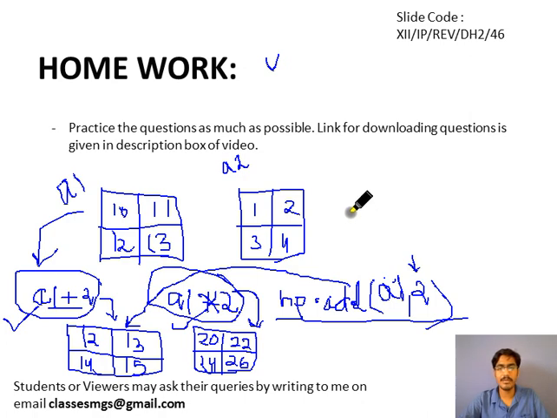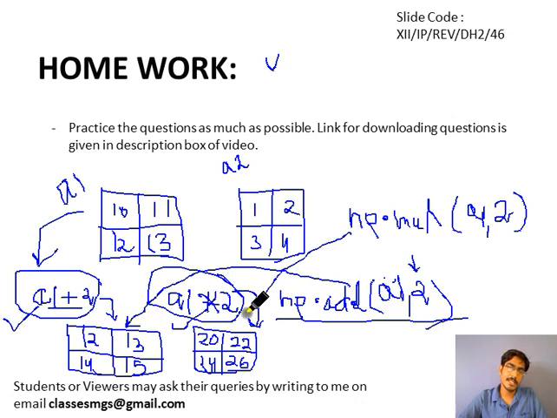Similarly, for multiplication, what we can do is np dot. For this purpose you need to import numpy, this thing you should know. For the purpose of multiplication there is a function multiply, and similarly a1, and then you will pass the value by which you want to multiply. Let's suppose we want to multiply by 2, then you will get the result like this.